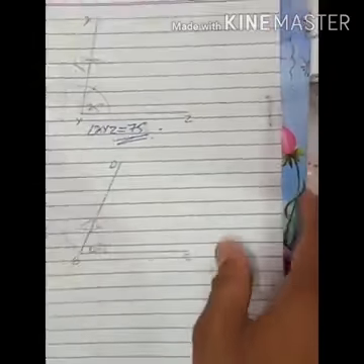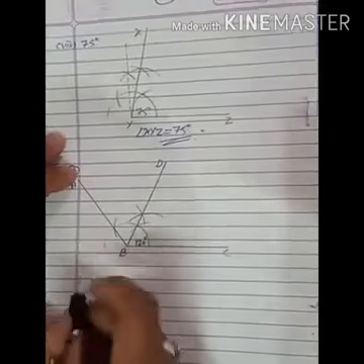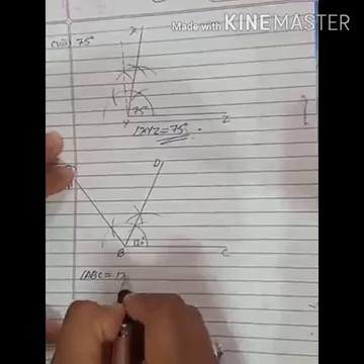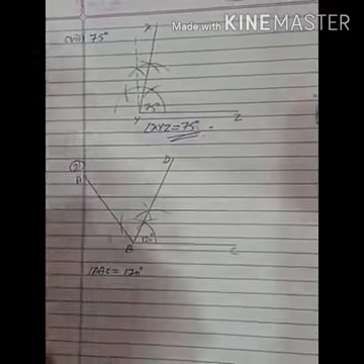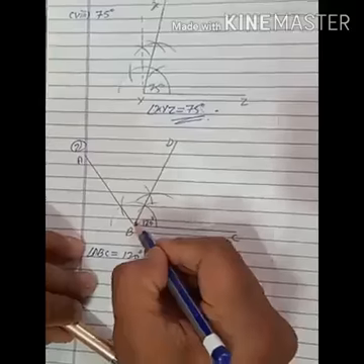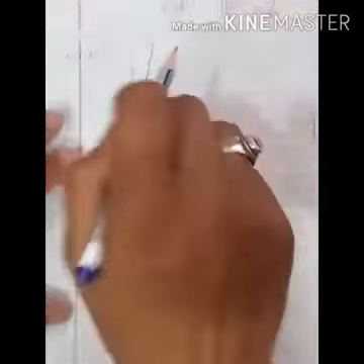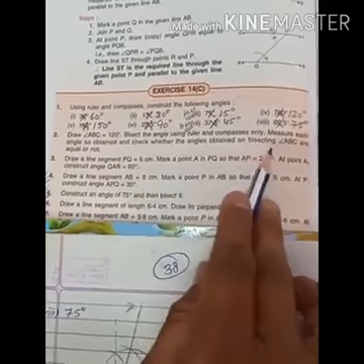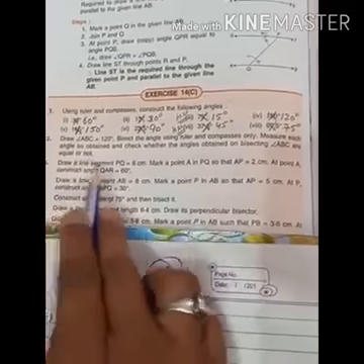So first of all we will write angle ABC is equal to 120 degree. After bisect, what is given in the question, or what is it asking to do? Measure each angle so obtained and check whether the angles obtained on bisecting angle ABC are equal or not.